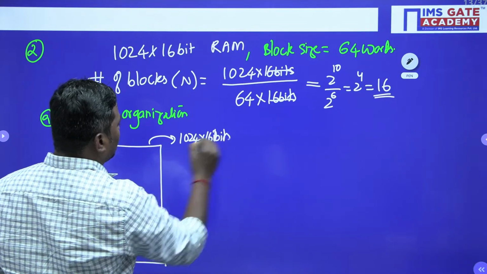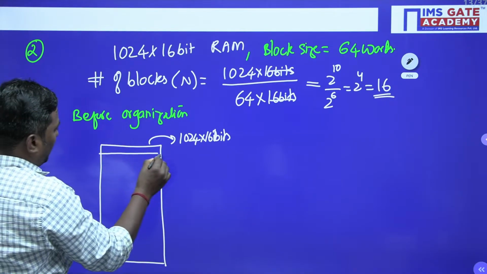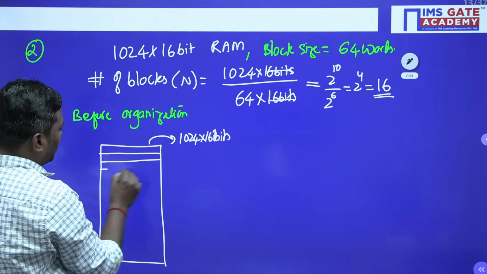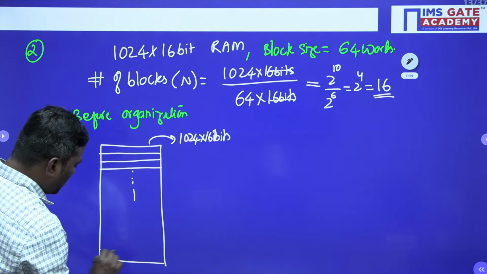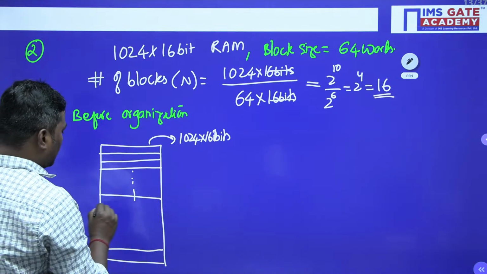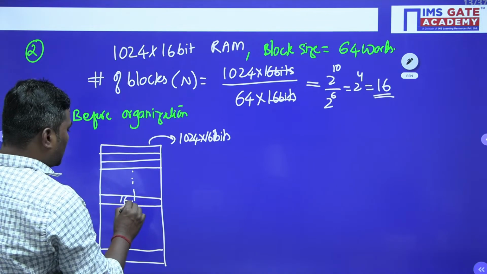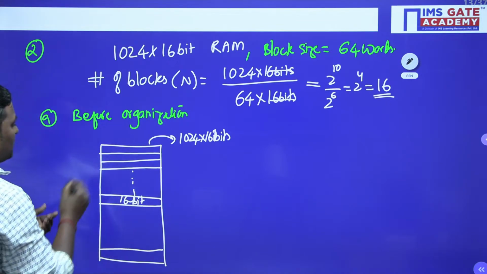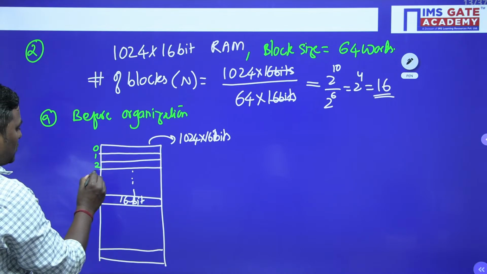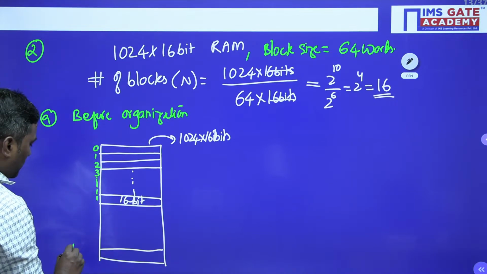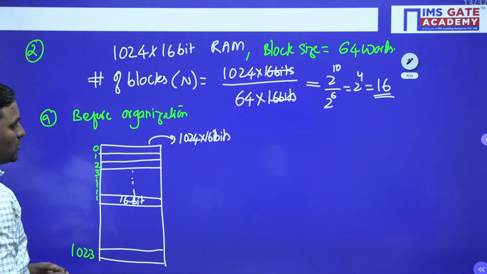The word length is 16 bits, which is nothing but 2 bytes. This is word 0, this is 1, this is 2, this is 3, and like this up to 1023.